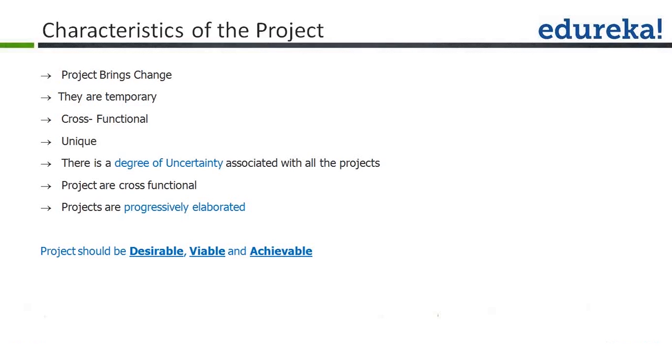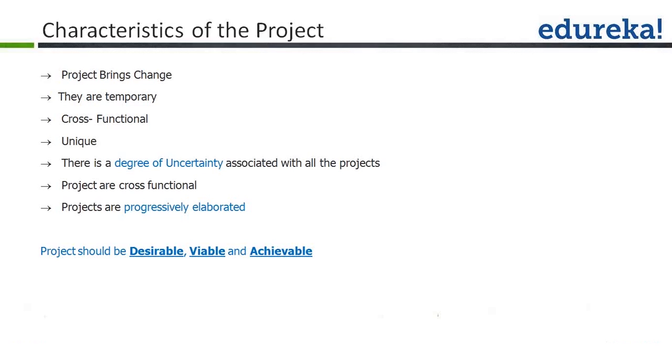Every project is unique. Though there may be common elements, two projects will differ in terms of team, location, and environment. One example can be constructing a shopping mall, providing a similar offering in two different locations. There is a degree of uncertainty associated with all projects.